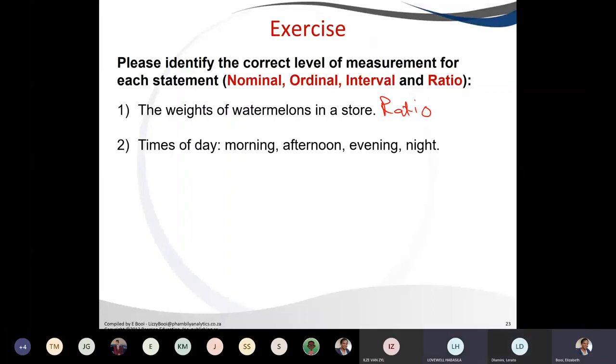Is it categorical or numerical? It's categorical. Categorical takes only two values, nominal or ordinal. So this is ordinal, because you start in the morning, it goes to the afternoon. There is an order of how the day proceeds. So this is ordinal, because there's an order there.